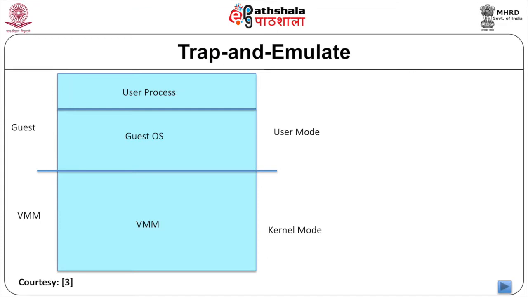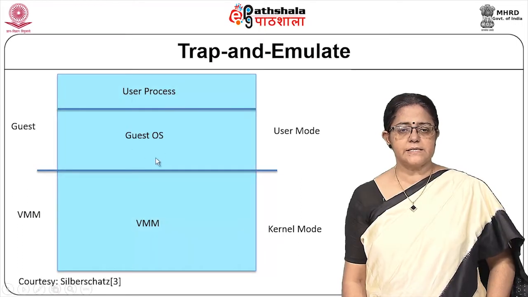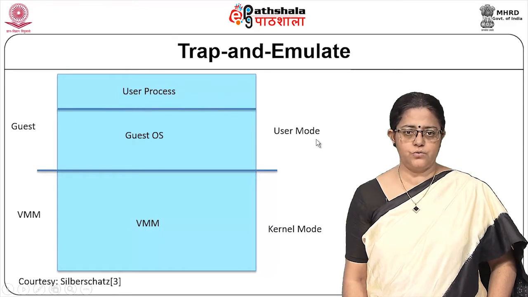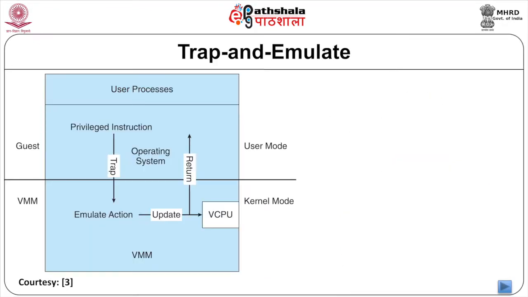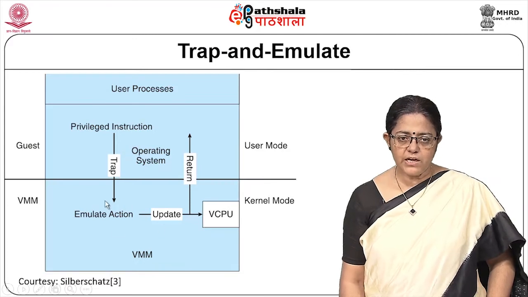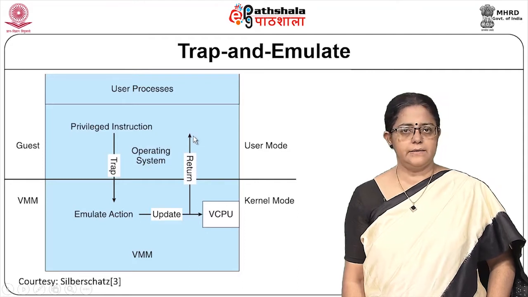So, this is our trap and emulate mechanism, where we have the VMM running in the kernel mode, and we have the user process and the guest OS running in the user mode. Normal user processes will execute only when the privileged instructions in the guest OS are executed, that will trap, an emulation will be done, and then the results will be returned to the user.